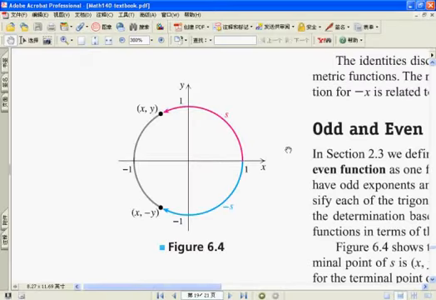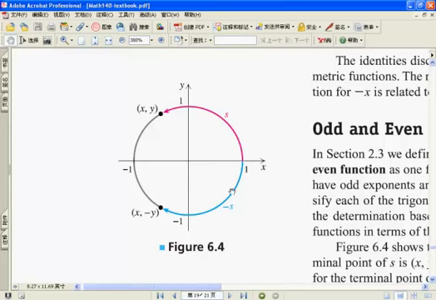Now let's look at page 513 and Figure 6.4. Right now we have two angles. This angle has radian measure s, and since the rotation is counterclockwise, we get the positive radian measure.